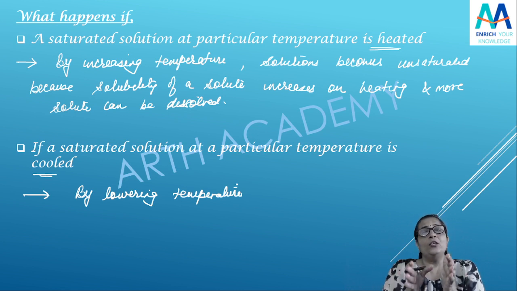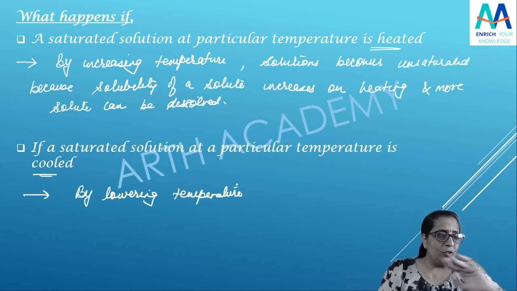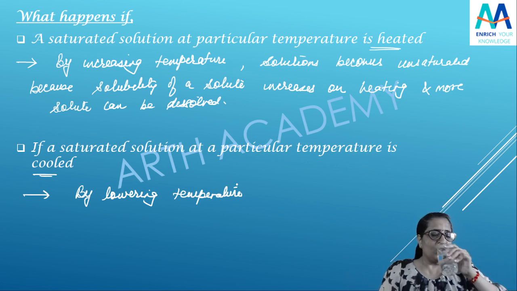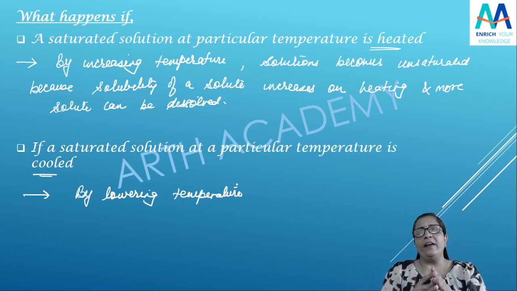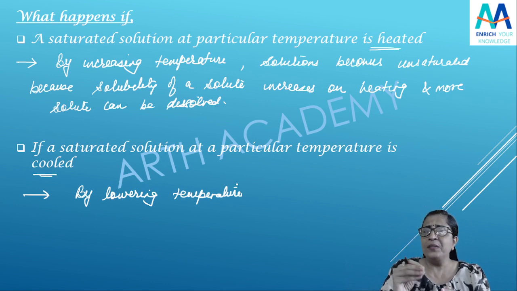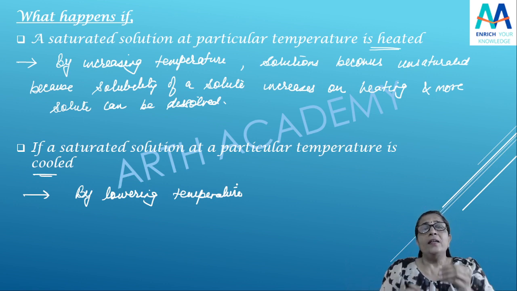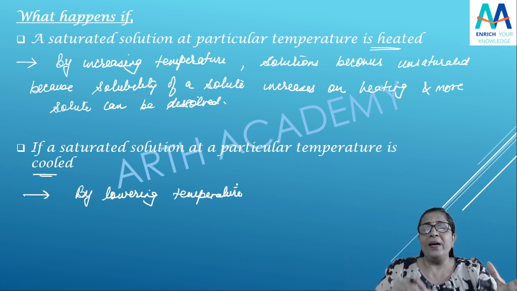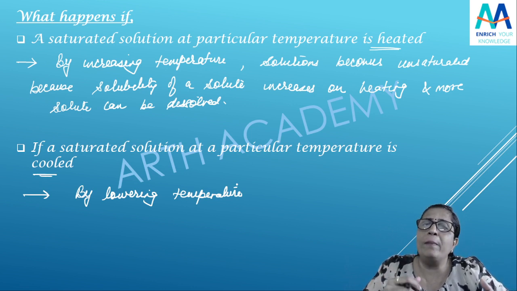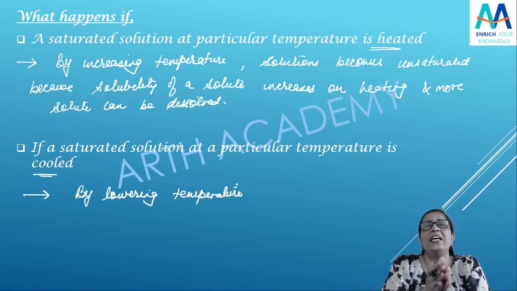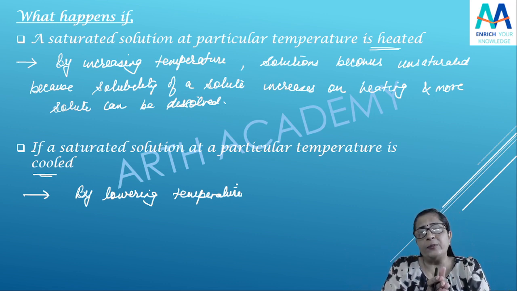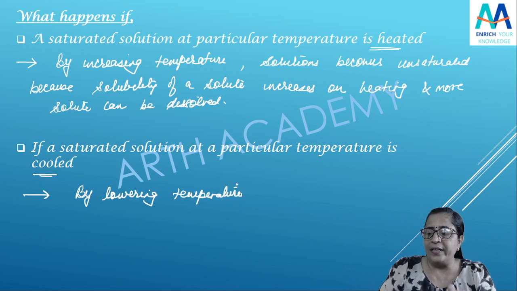So the solute particles, for example salt, will come out. Even those that were already dissolved will come out a little, because the interparticular space has become less by lowering the temperature.